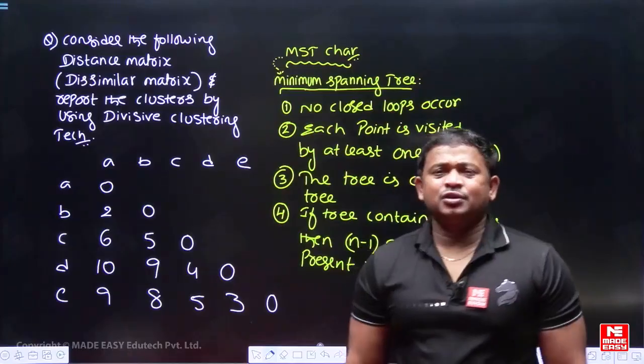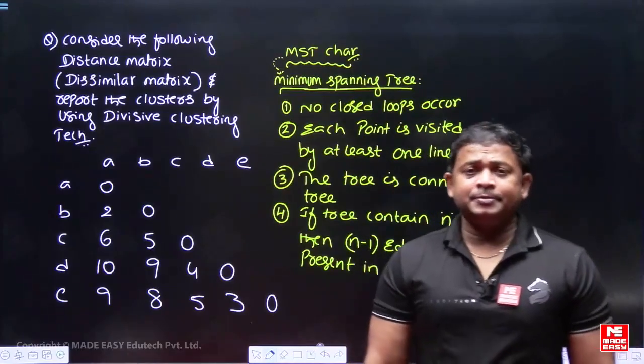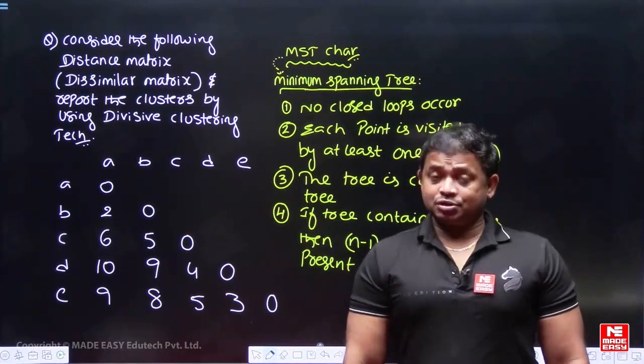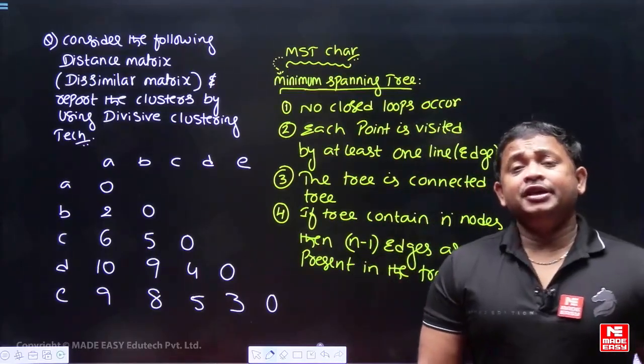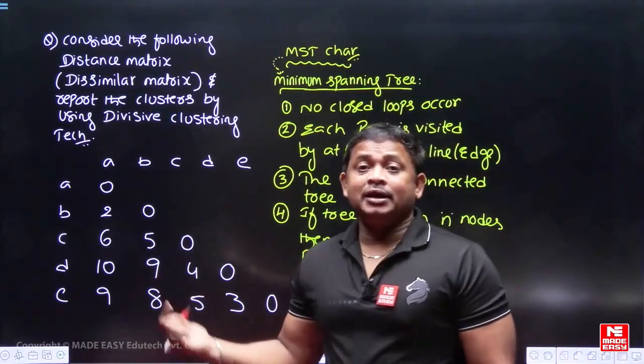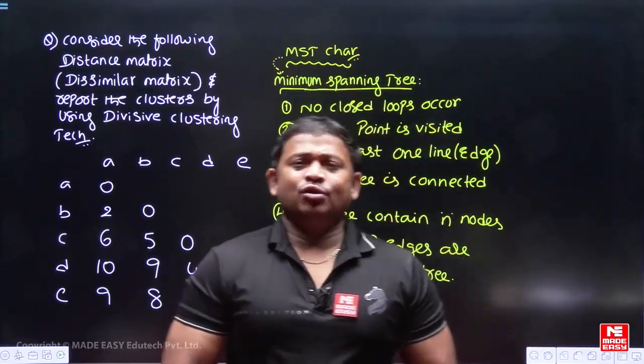By using Kruskal's algorithm or Prim's algorithm, we construct the minimum spanning tree. Before constructing it, we need to arrange the dissimilarity matrix in ascending order.